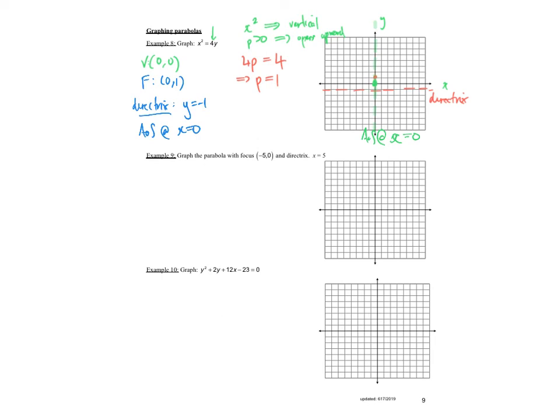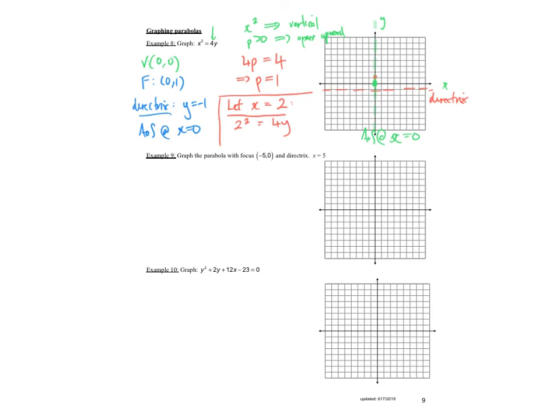Let's now take another point on the parabola. So this is where I can be a bit clever with my x choice. If we take x to be 2, well then I get 2 squared equals 4y.